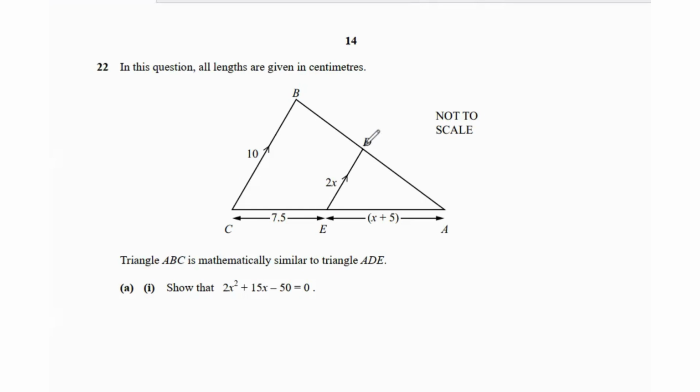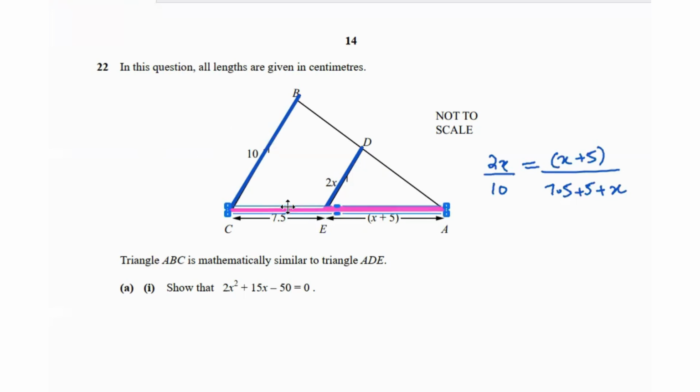So if we compare these two, we know that 2x over 10 would be the same as x plus 5 over 7.5 plus 5 plus x. Once again, each length is being enlarged by the same scale factor. So whatever scale factor is used to make 2x into 10, the same scale factor is used to make x plus 5 into 7.5 plus x plus 5. That's what you need to keep in mind.